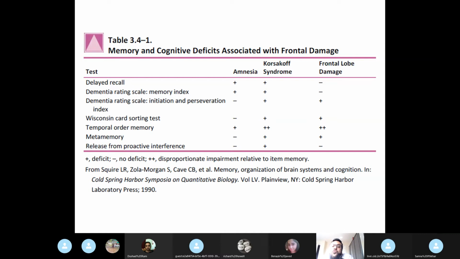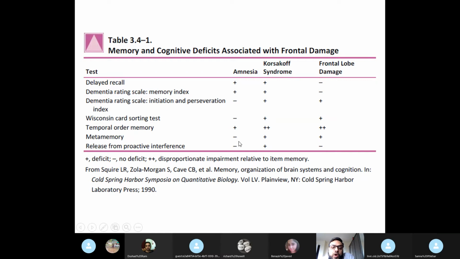Meta memory, insight into the memory. If it is pure amnesia, then the patient may have some insight that their memory is defective. But here, because the frontal lobe is also involved, that insight into the memory deficit is lost, and therefore you can see confabulation.